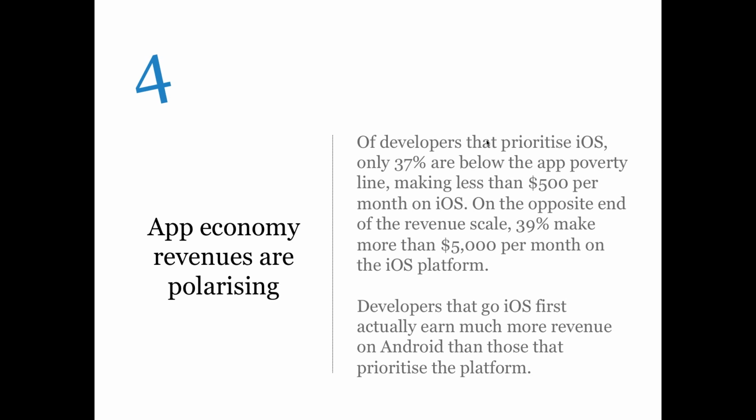The app poverty line we draw at the $500 mark per month on iOS. And at the same time, on the opposite end of the scale, 39% of developers make more than $5,000 per month on iOS platform. So very much a polarization.